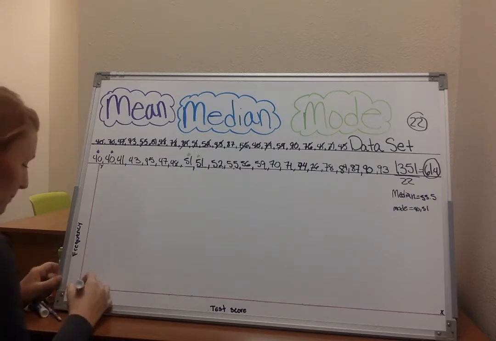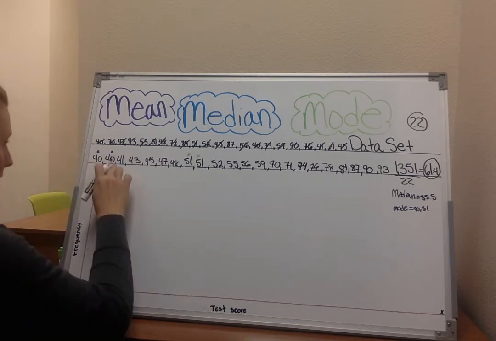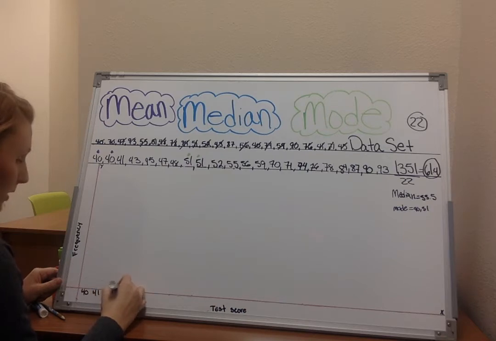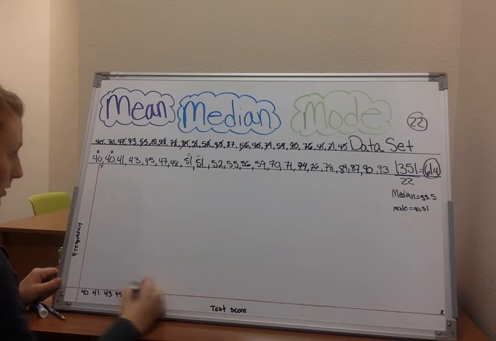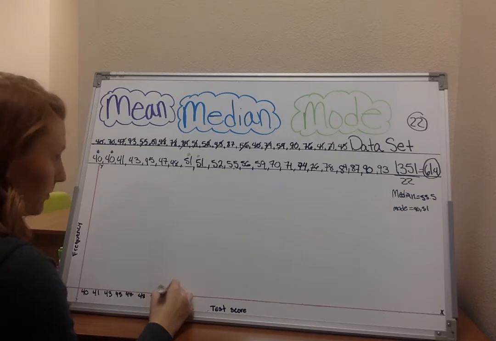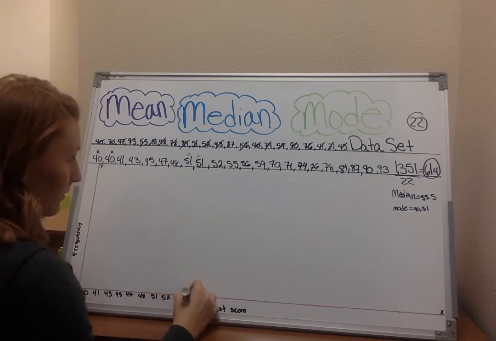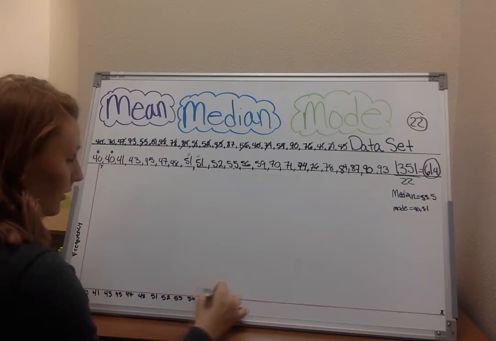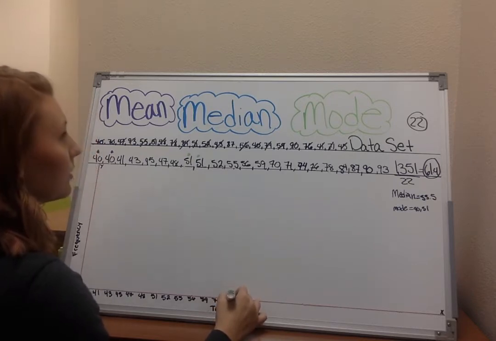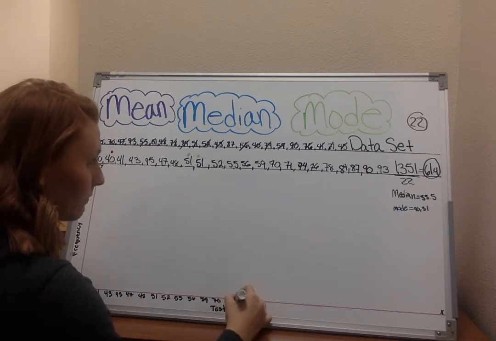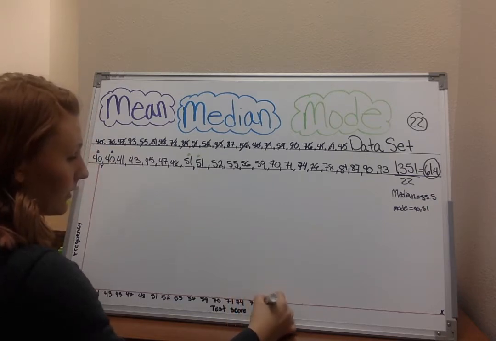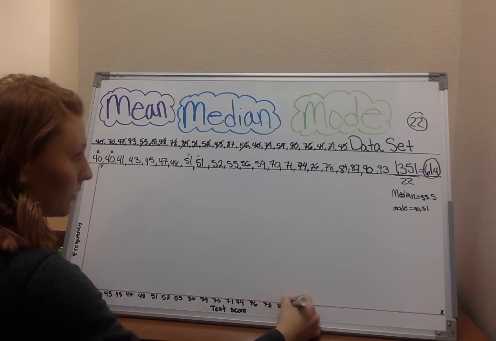So we're going to start with 40, 40, okay, 41, 43, 45, 47, 48, 51, 52, 55, 56, 59, 70, 71, 74, 76, 78, 84, 87.